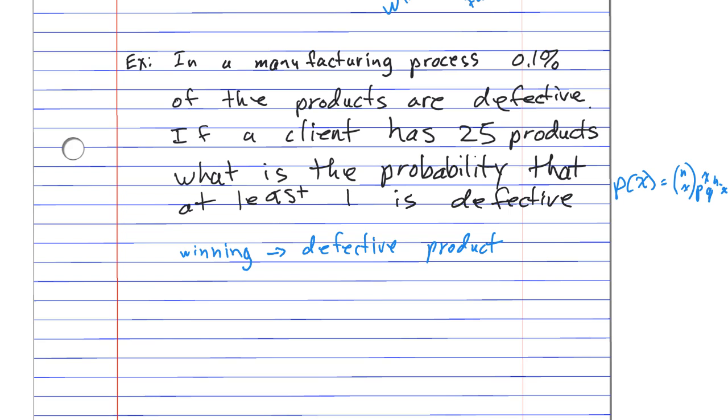So in this case, our p-value is 0.1%, but we have to change that into a decimal. So our answer for p is 0.0001. And that means our q value is just the opposite, 1 minus p, which is 0.999. So that is our q and that is our p.